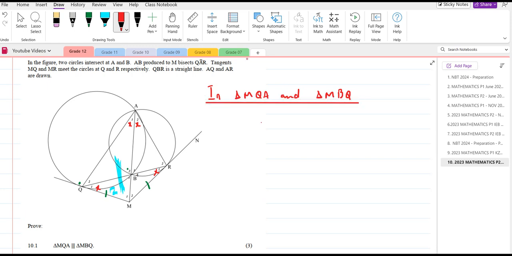So the first one we have is angle Q1 is equal to angle A1, right? That is tan chord theorem. The second one is angle M1 is common.